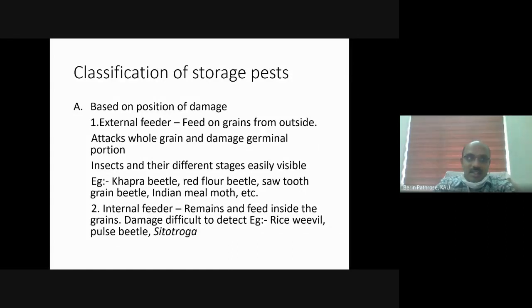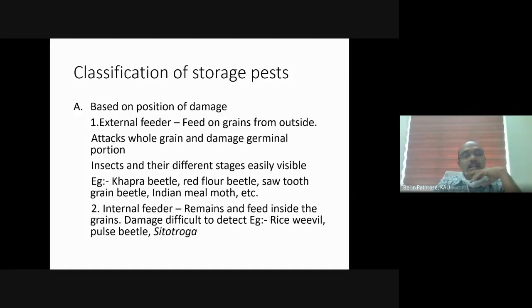But once you keep the packet for 3 weeks or 1 month, you can see damage caused by the insect, because the pulse beetle or the bruchid is an internal feeder. It was already inside the grain and we were unable to detect it, and the insect multiplied inside the grain. Once the damage has been done, then only you will understand whether the insect is present or not. But for an external feeder, it is pretty easy to understand.